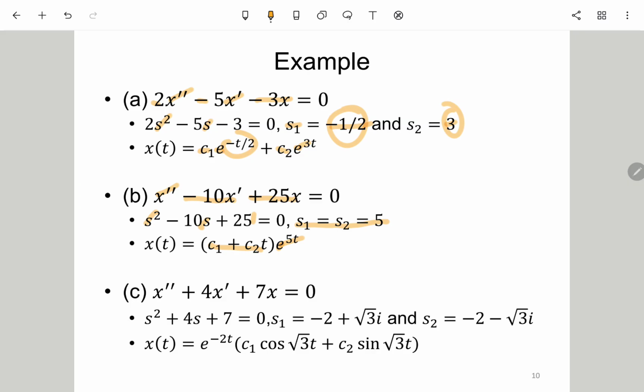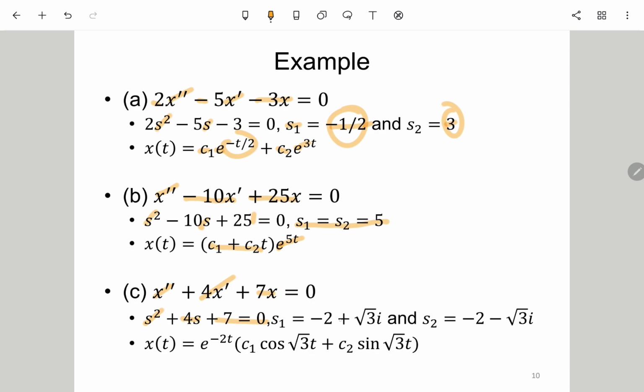And then for the third case, x double prime plus 4x prime plus 7x equals 0. For this case, s squared plus 4s plus 7 equals 0, just as what we did before. Here b squared minus 4ac is less than 0, so this is complex conjugate roots.